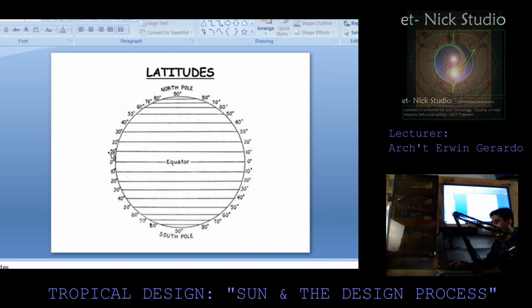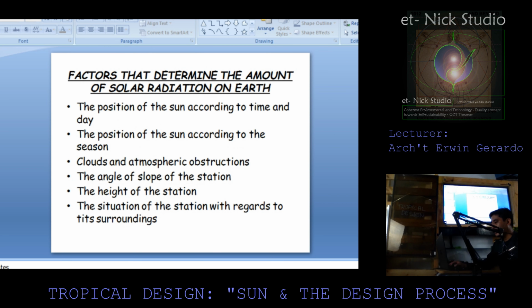So here, this is considered to be your equator, which is actually the very center of our planet, north and south. So this is west and east. Your west and east is actually considered to be your equatorial side.